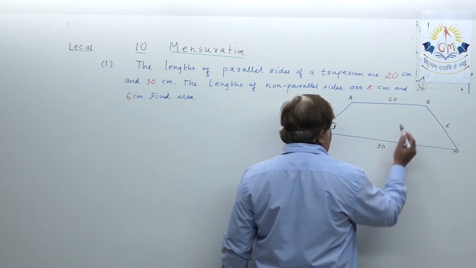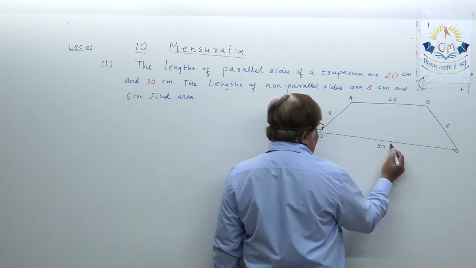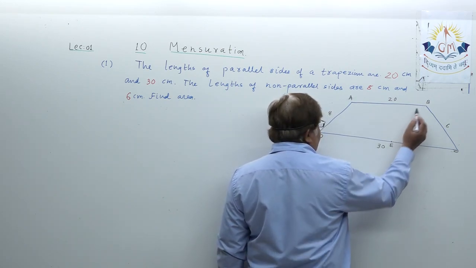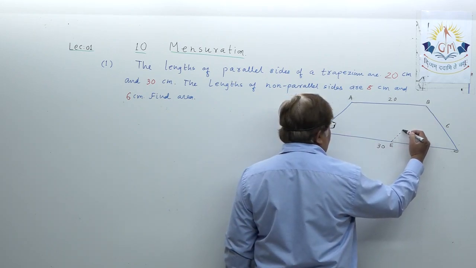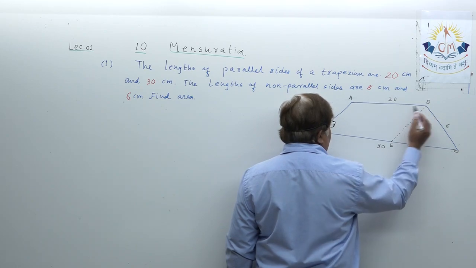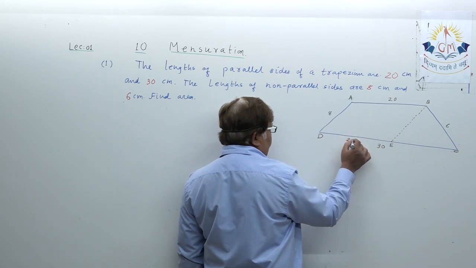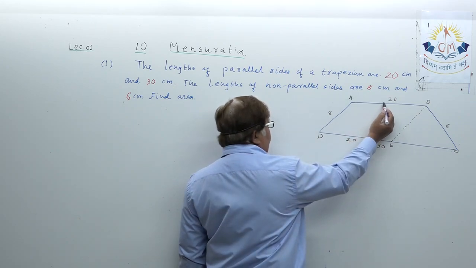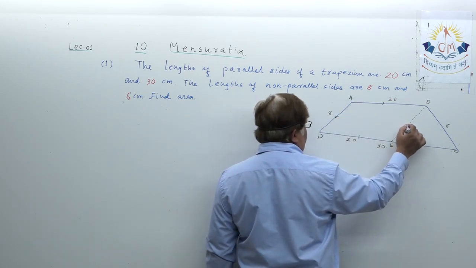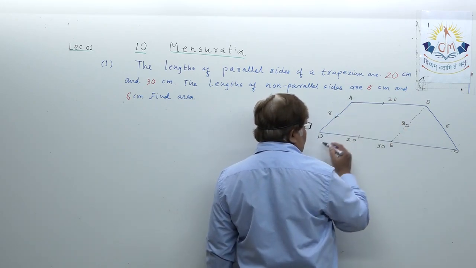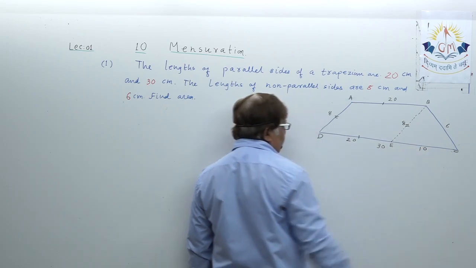Then as you know, you have to draw one line BE which is parallel to AD. Understand? Because this is now a parallelogram, opposite sides are equal. This is 20, this is 20, this is 8, this is 8. 30 minus 20, this is 10.